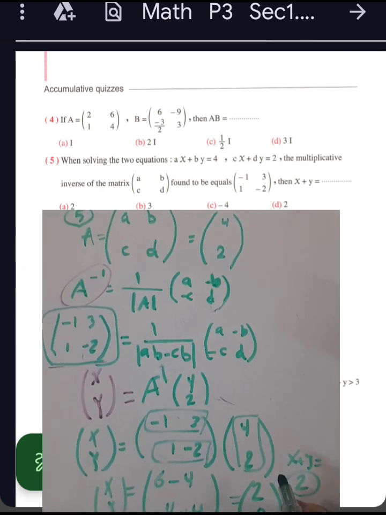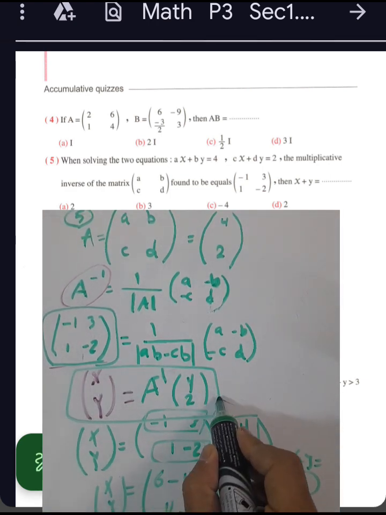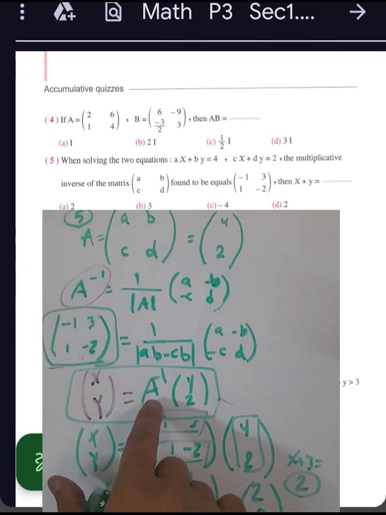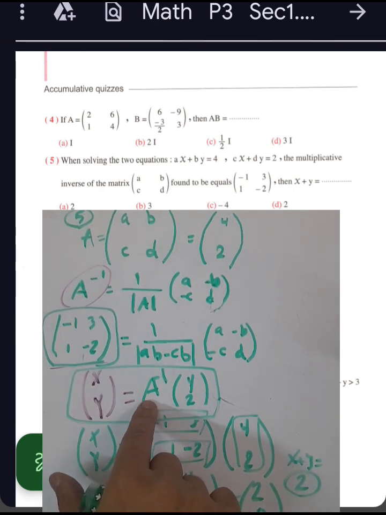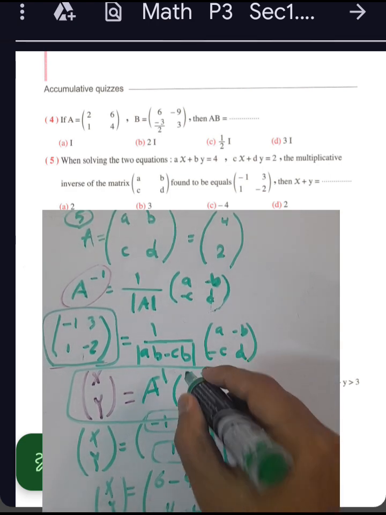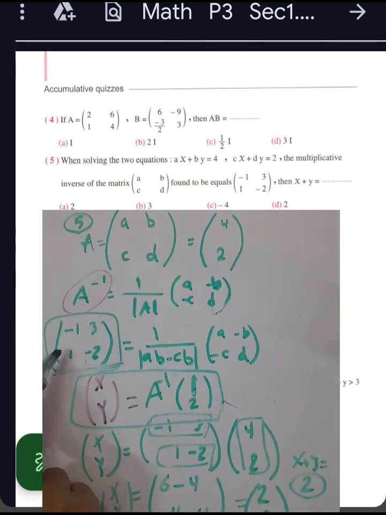Understood this example? We can solve the example using these properties. The solution x and y equals the inverse of matrix A multiplied by the solution set of x and y. He gives us the solution, the multiplicative inverse of the matrix, equal to negative 1 and 3 and 1 and negative 2.